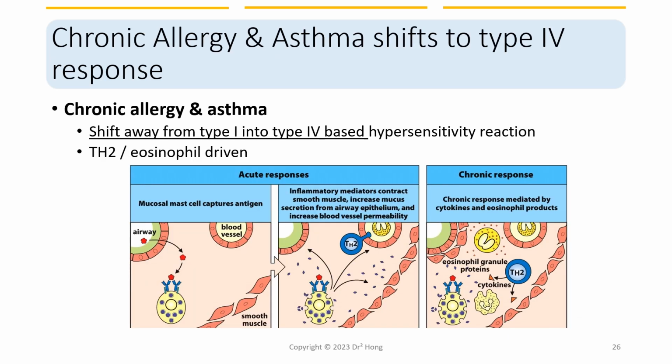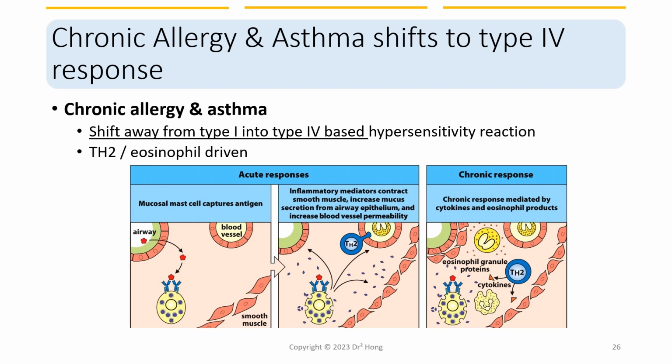However, chronic allergies such as asthma involve a more severe chronic inflammation, characterized by a shift from type 1 to type 4 hypersensitivity. In such cases, allergens activate submucosal sensitized mast cells in the lower airway, so it's not only limited to the nose.